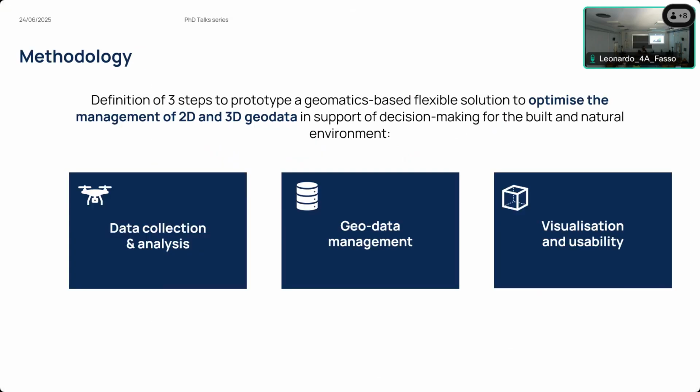And so I started identifying the small steps that are required when designing and implementing an optimized, flexible workflow for dealing with two-dimensional as well as three-dimensional geodata that is not limited to Excel, worksheets, or other similar files that most of the time are proprietary files also.